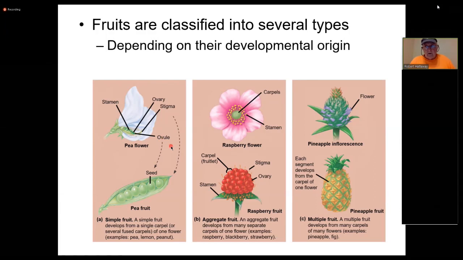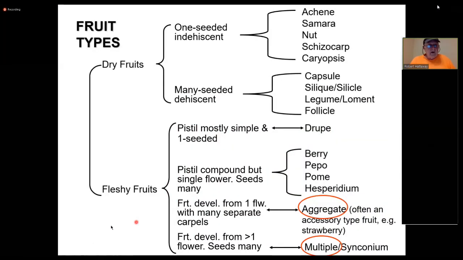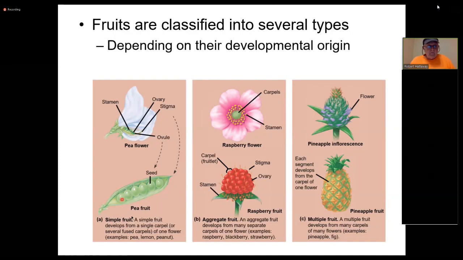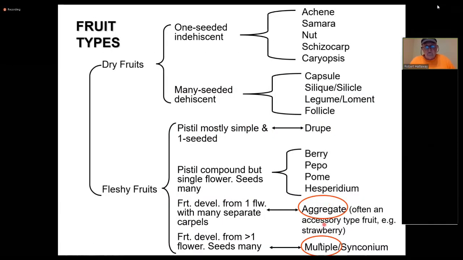But before we quit, which is now real close, I'll try to pick up here if I don't repeat much of what I did today. There are 3 basic fruit types. We could go ahead with this slide, which shows simple, aggregate, and multiple. Everything on this page is simple except for these 2: aggregate fruits and multiple fruits.